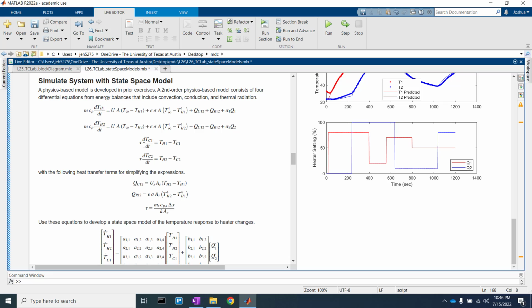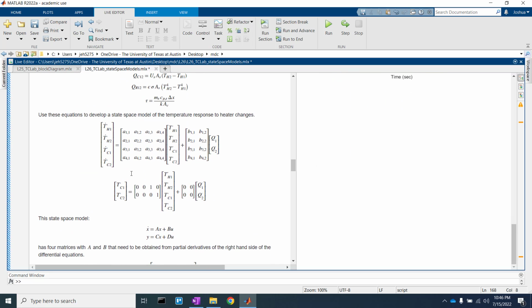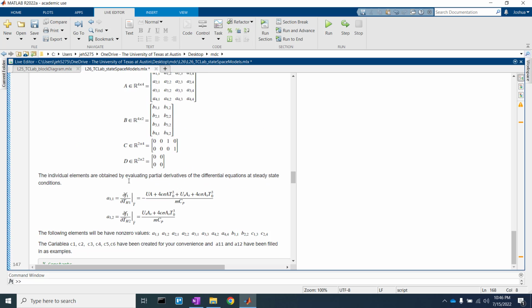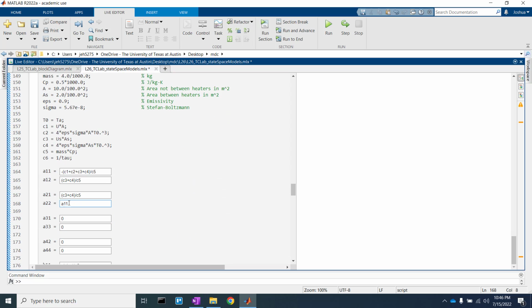So it's going to be TH1 divided by tau, and negative the temperature of itself divided by tau. So it's going to be 1 over tau. We have a variable for that. That's C6. So that's going to be positive C6 and negative C6.